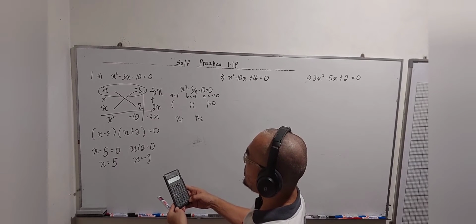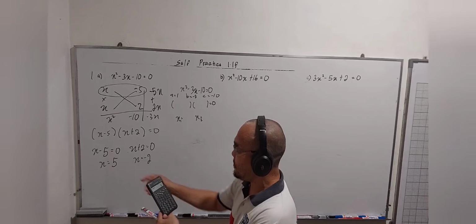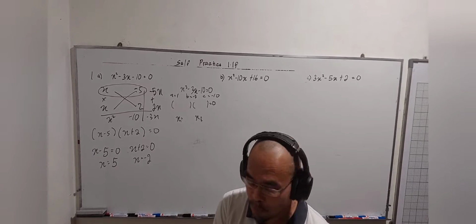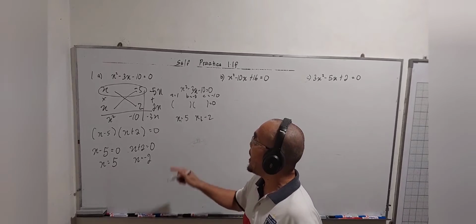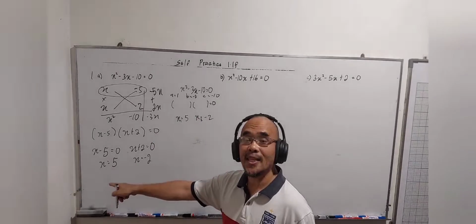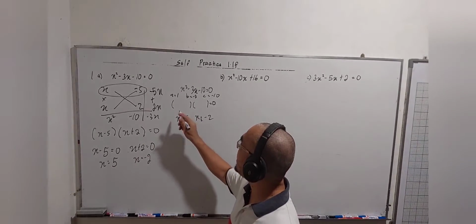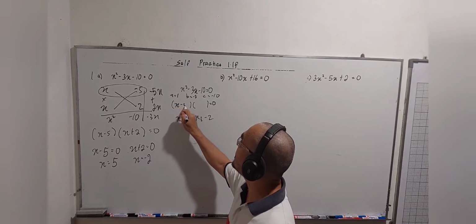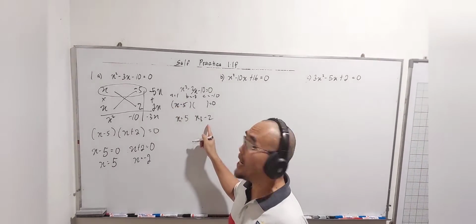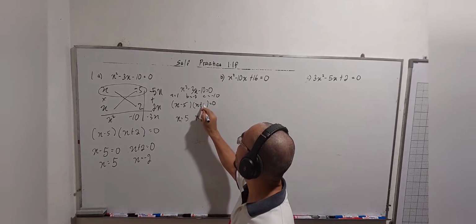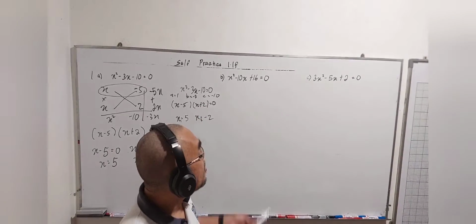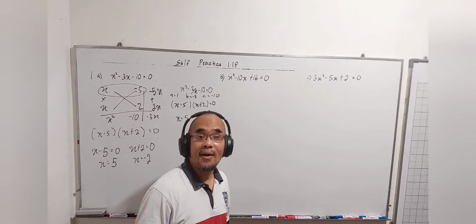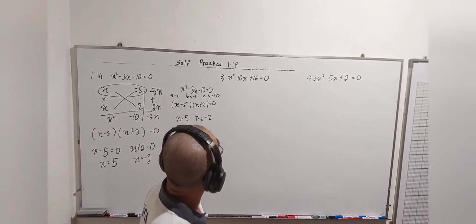Then you press equals, you get the first one is 5 and the second one is negative 2. You write down 5 and negative 2, and as you can see, if the value is positive, you write down the bracket x minus 5, and if it is negative, then inside the bracket it would be x plus 2. From now on, we are going to just use the calculator, easier and faster.